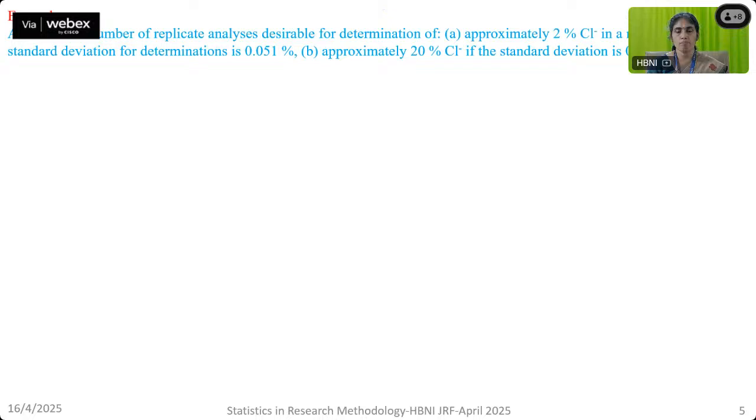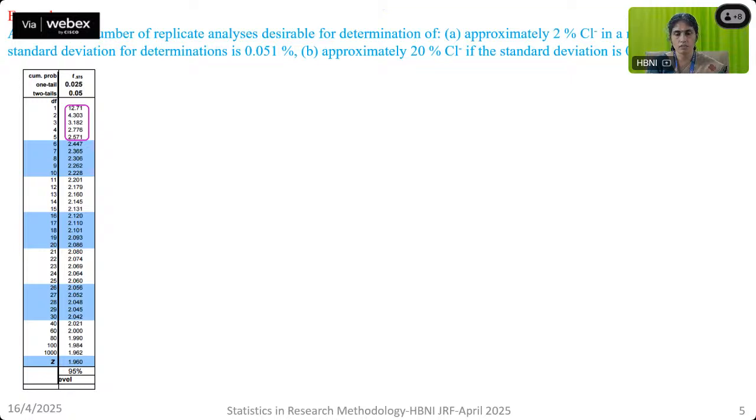So this will help us to decide the number of repeated measurements so that in future we can save time. If by increasing the number of measurements you are gaining substantially, yes, we will go ahead with that. If the gain in terms of precision is not that significant, then why waste time on that? So this exercise will give you the idea.